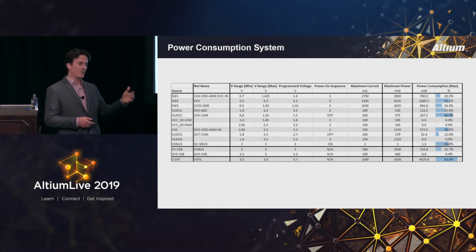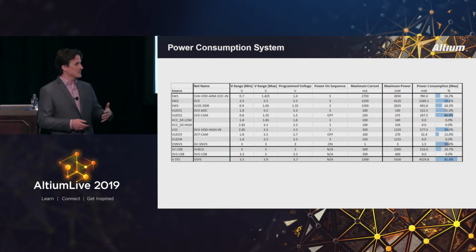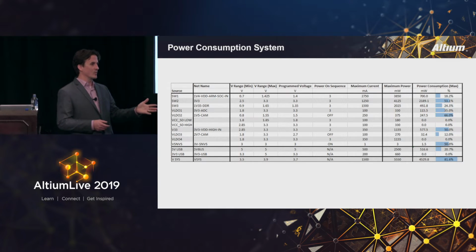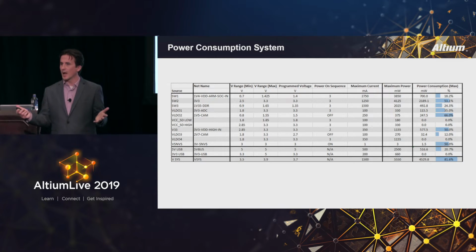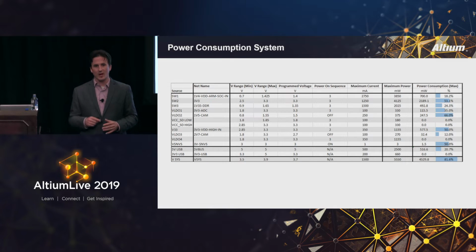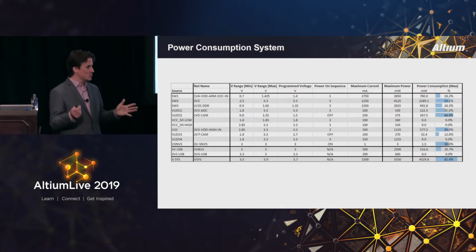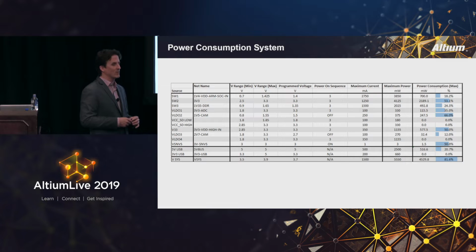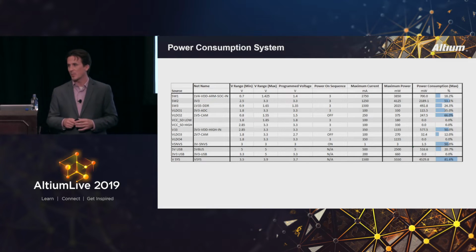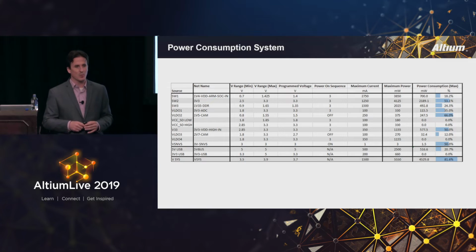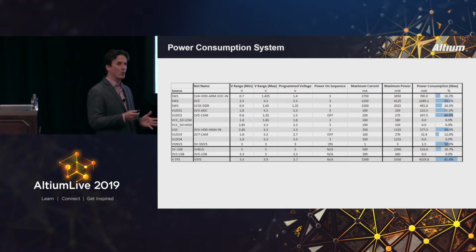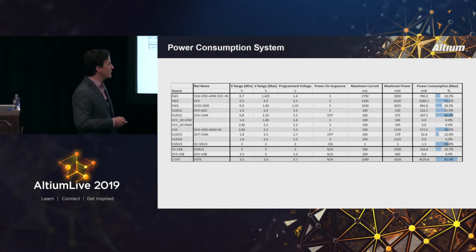They say, well, I've got a switcher that can supply 5 amps, so I'm going to design that power delivery network to handle 5 amps. And if you've got the board space, why not? But sometimes if you've got a switching regulator that's capable of delivering 5 amps and you're only using an amp on there, then size your power delivery network in accordance with that requirement.